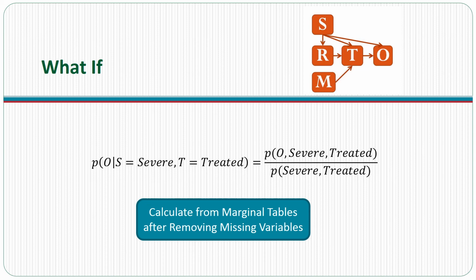As before, note that in this calculation, the joint distribution of 3 variables, outcome, severity, and treatment, is needed. Bayes calculations provide the joint distribution of all 5 variables. To move from the joint distribution of all 5 variables to fewer variables, we have to sum out the missing variables and calculate marginal tables.